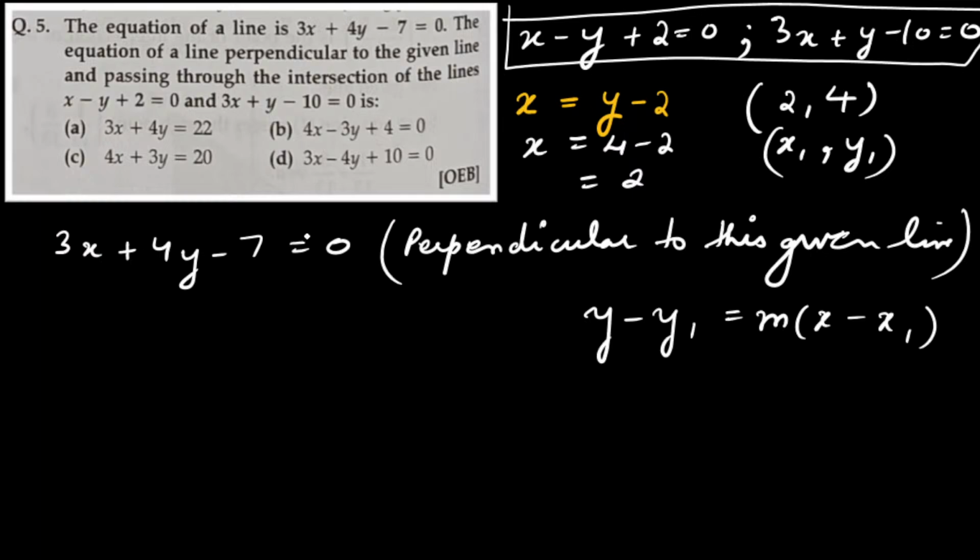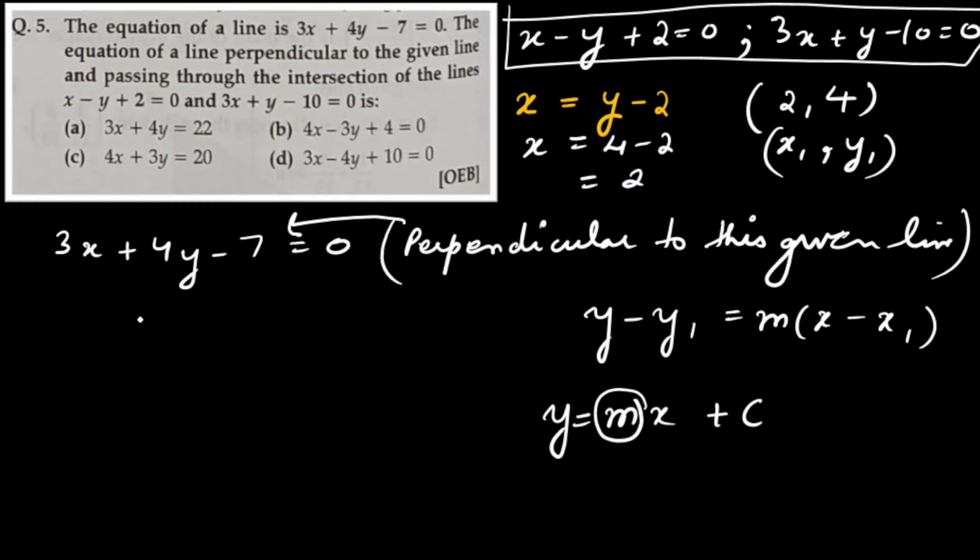One additional piece of information is given to us: the line is perpendicular to this line. So that means we need to find the slope of this line. How can we do that? We will convert this equation into slope intercept form, which is y is equals to mx plus c, where the coefficient of x will be the slope.